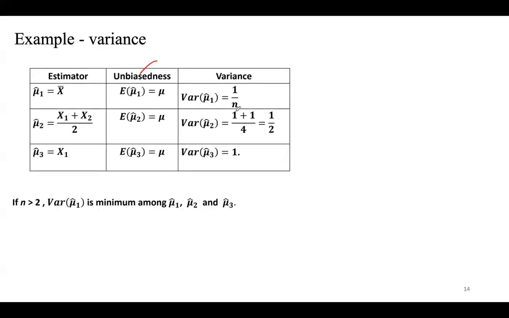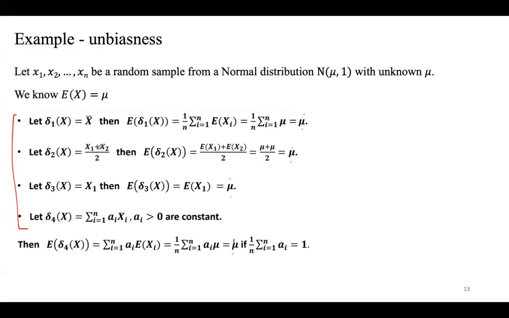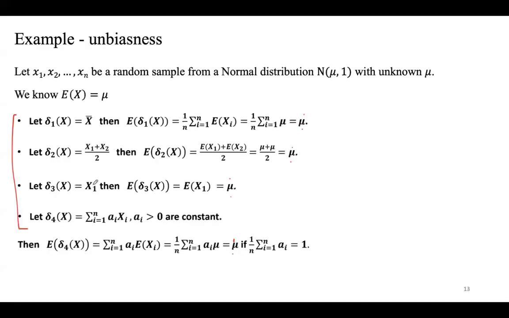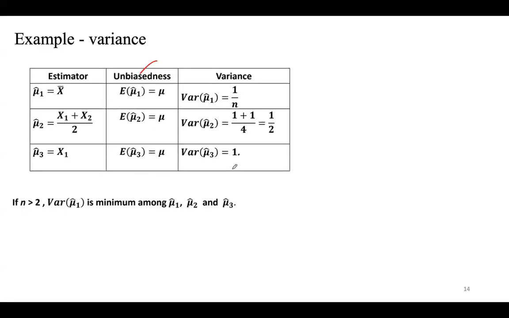For the second, when you're summing 2 random variables, you add up the variances and divide by the square, so that's going to be half. And for the last one, it's just a single observation, so the variance stays what it was.